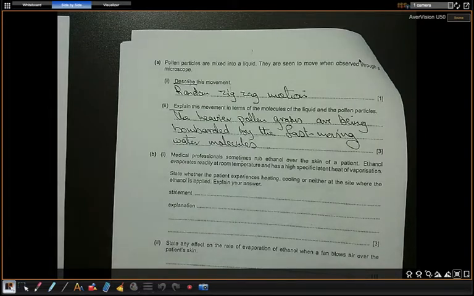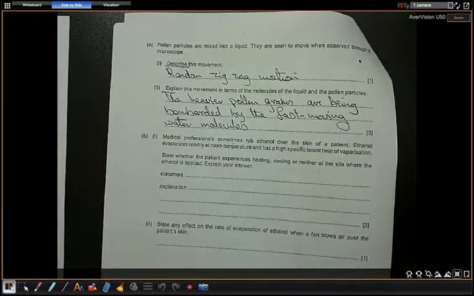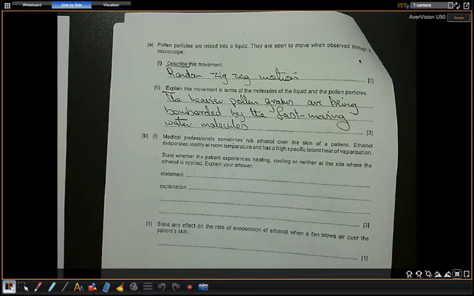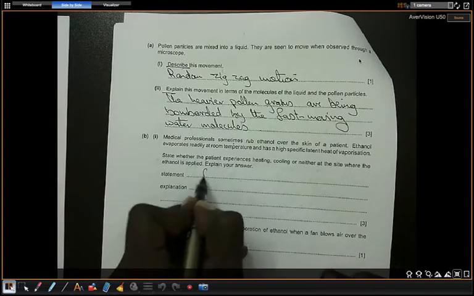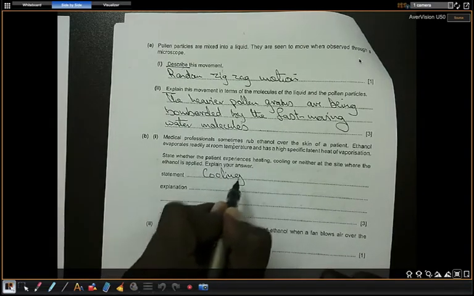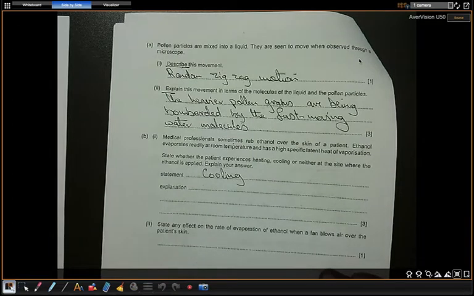Now, the next question, I hope that you can see the question well. You have the paper. It says medical professionals sometimes rub ethanol over the skin of a patient. Ethanol evaporates readily at room temperature. State whether the patient experiences heating, cooling, or neither. The patient is going to experience cooling because evaporation has a cooling effect.